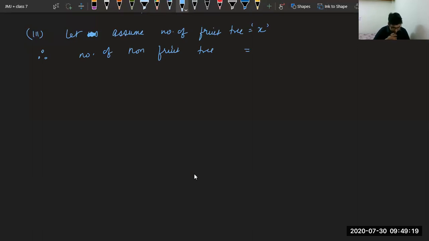She is saying the number of non-fruit trees is 2 more than 3 times the number of fruit trees. That is, 3 times means 3x, plus 2 more. So this is given to us.